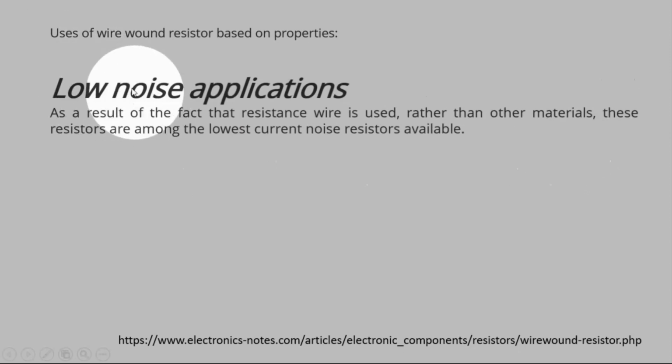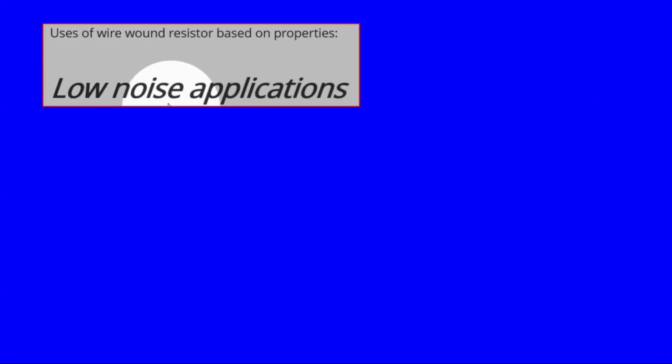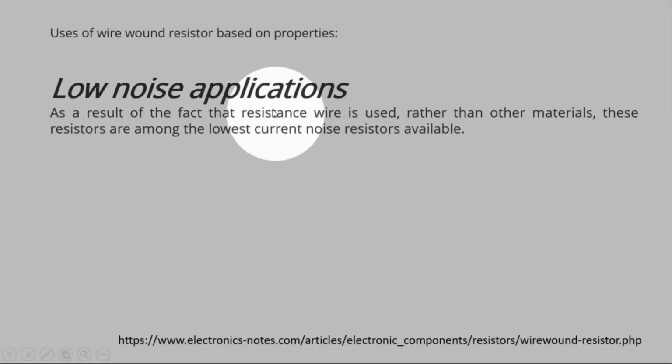Then it also has the property of low noise. For applications requiring low noise, you can use the Wirewound resistor. Materials are selected for this device so that the lowest current noise can be achieved.